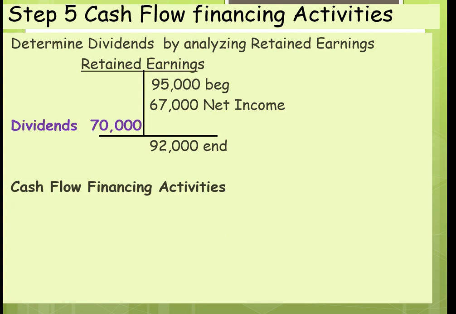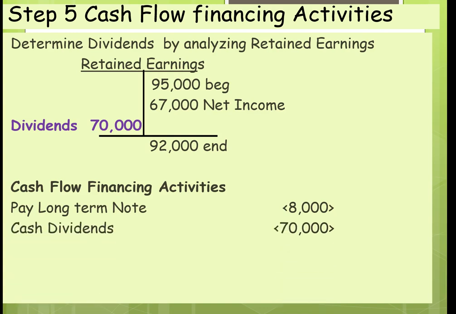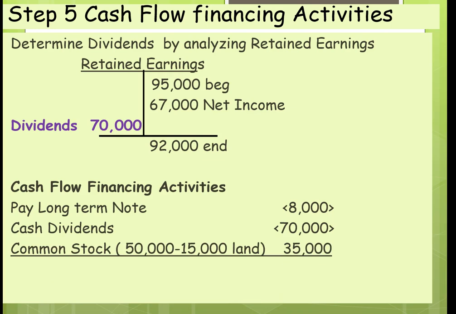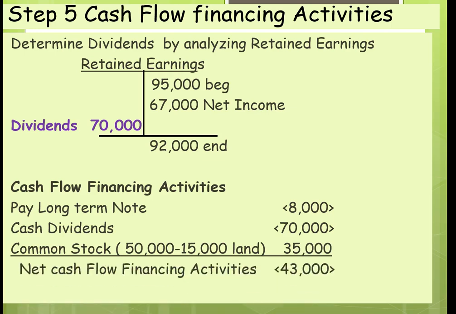Now, cash flow, financing activities. We paid the long-term note of 8,000. We had cash dividends of 70, and we got 35,000 for selling our stock. So we had negative cash flow of 43 from financing activities. Now we're ready to do our whole cash flow statement.